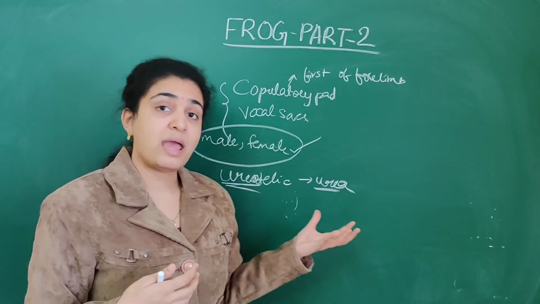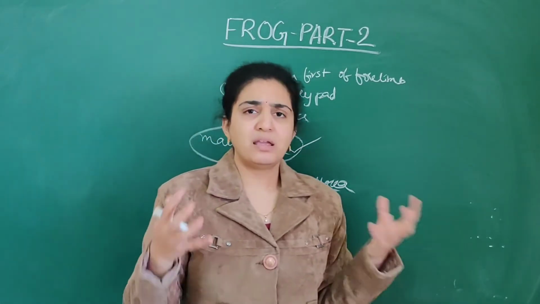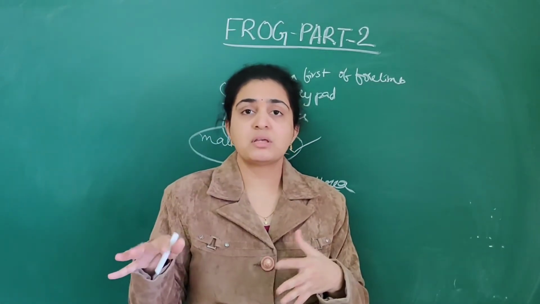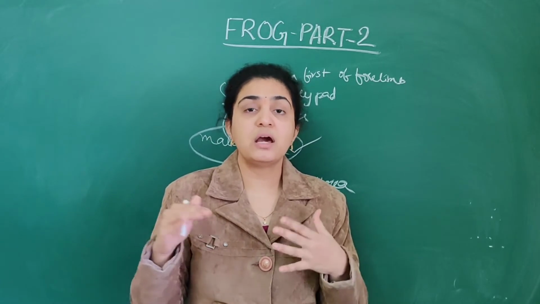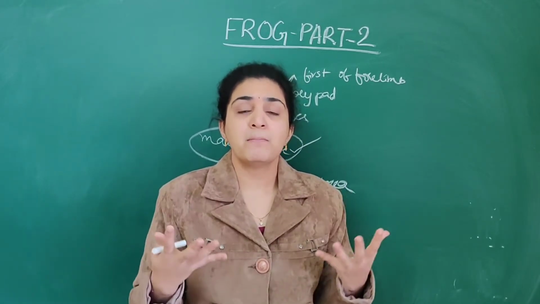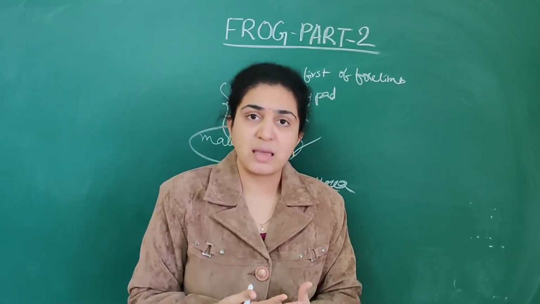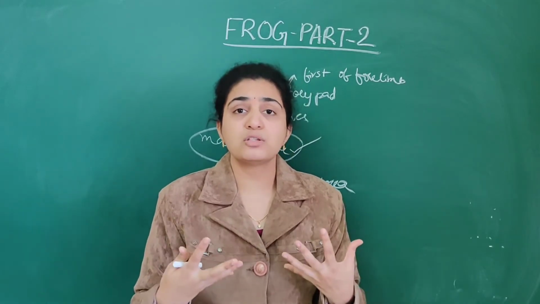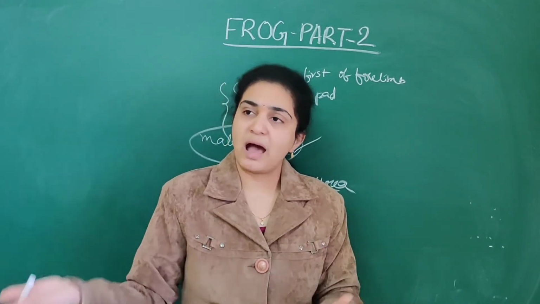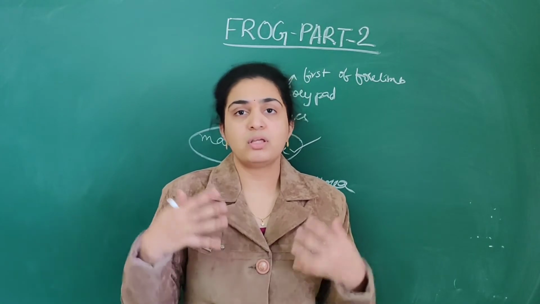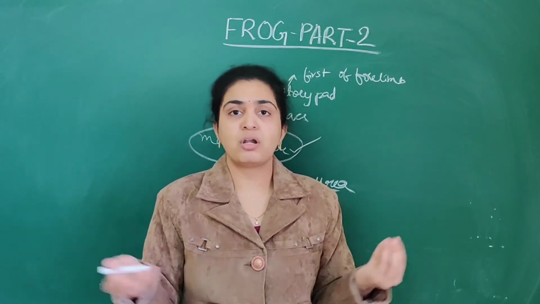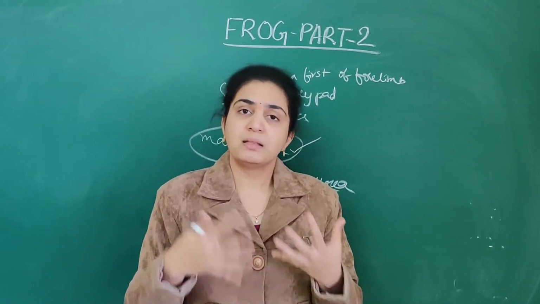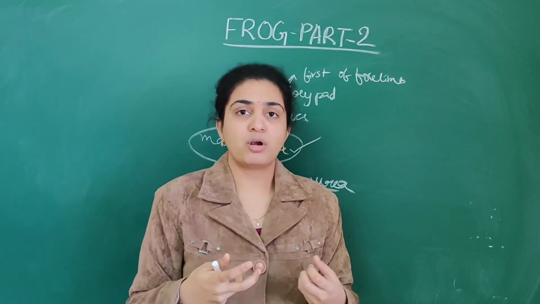Next, ammonotelic animals, like all the fishes, freshwater fishes, everything are ammonotelic animals. Their excretory product is ammonia. They require lots and lots of water, because they live in water only, so they require more water, and they can handle so much water.